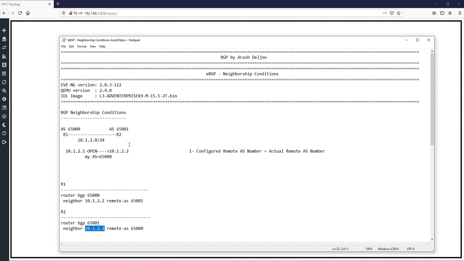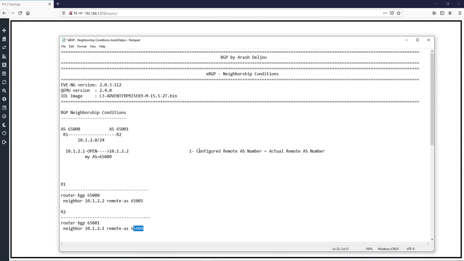Also R2 checks the AS number configured in R2 against the AS number received in the open message, and it understands that the configured remote AS number is equal to the actual remote AS number sent from R1. This means that both of these parameters are important: first the IP address, and second the AS number.